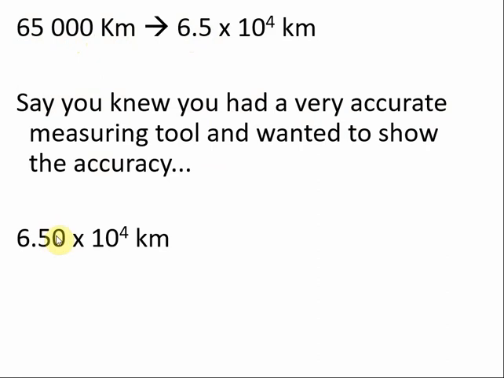You could keep in zeros, and that shows that these are what you call significant. In a chemistry class, they talk about significant figures. But the point of extra zeros like this in a piece of scientific notation is to show that they matter, that they're not just rounding up or saying something's approximately something.